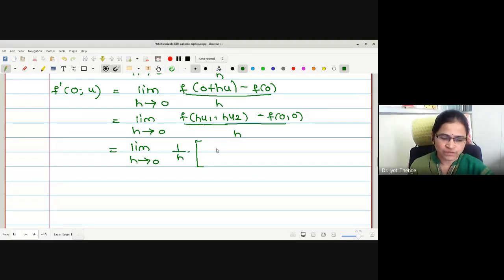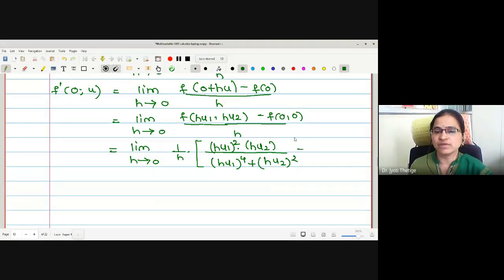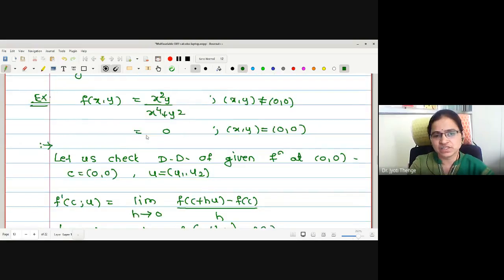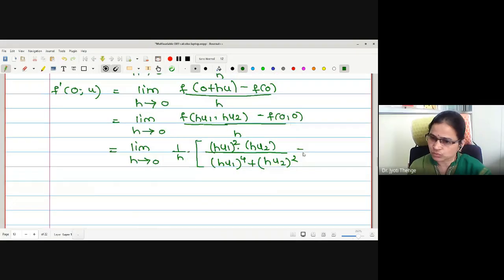The function says x square y upon x raised to 4 plus y square. So it is (hu1) square into hu2 upon (hu1) raised to 4 plus (hu2) square, minus the value of f at 0, 0, which is given to be 0.